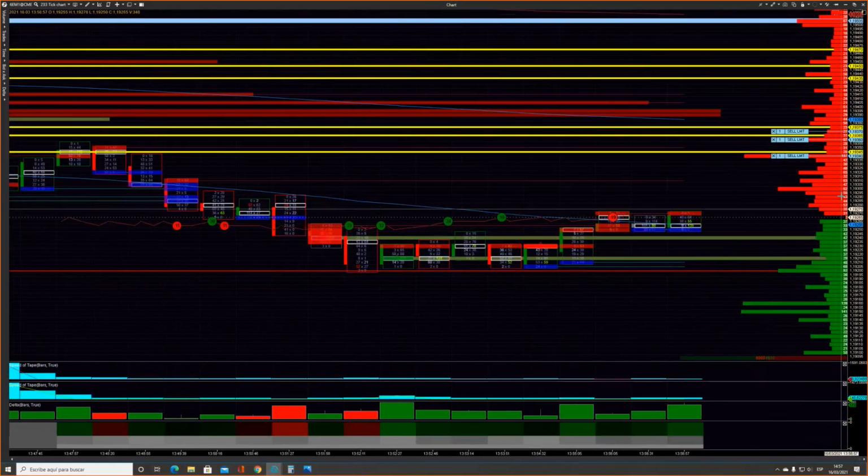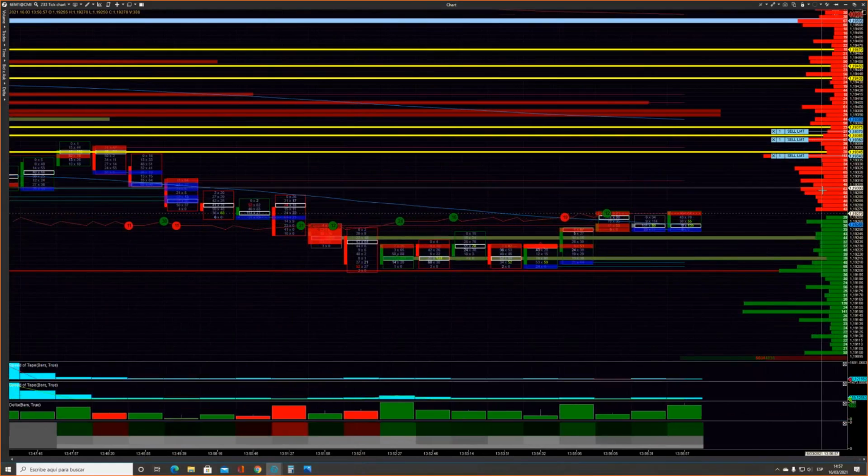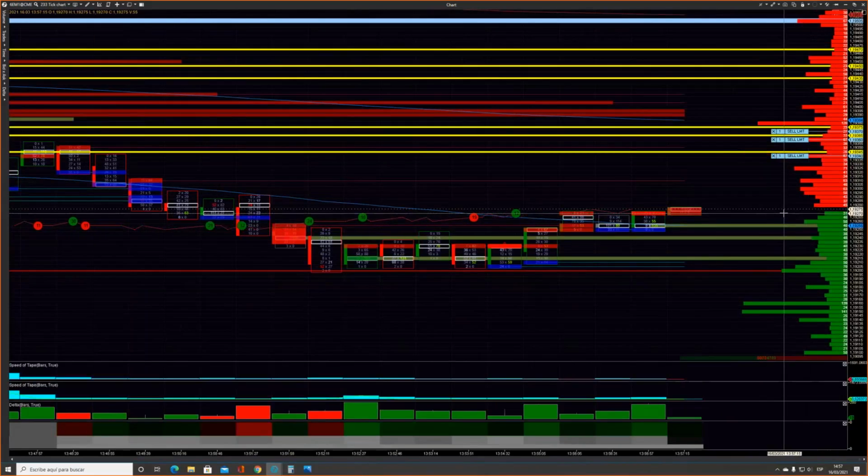Liquidity is not so big on the way up. You can see it has removed a few of those liquidity slots, and 113 is still there, which is good.